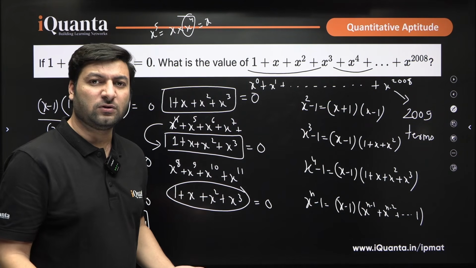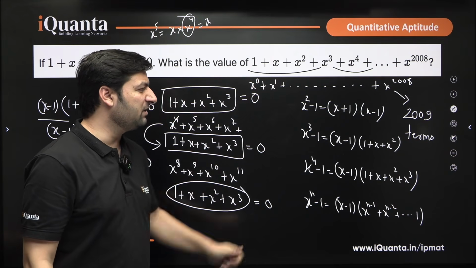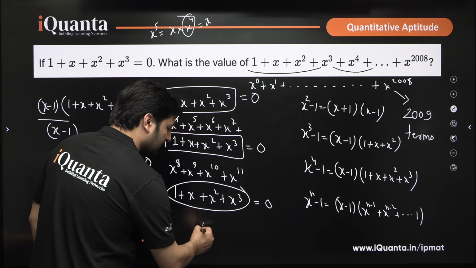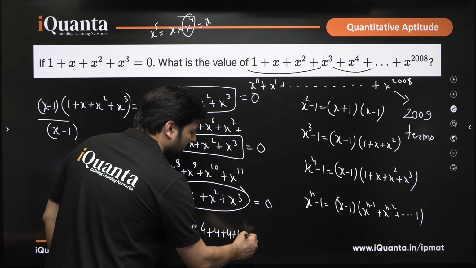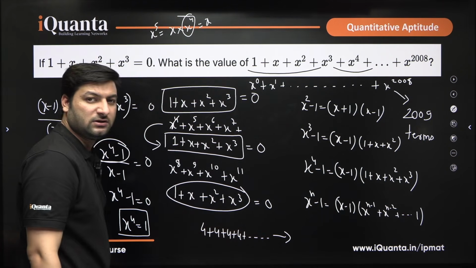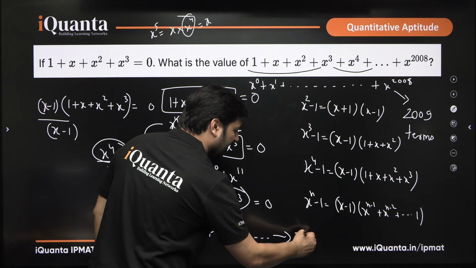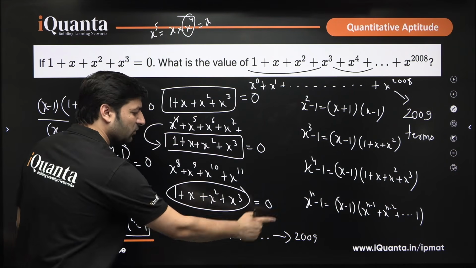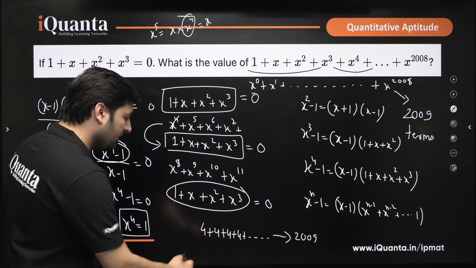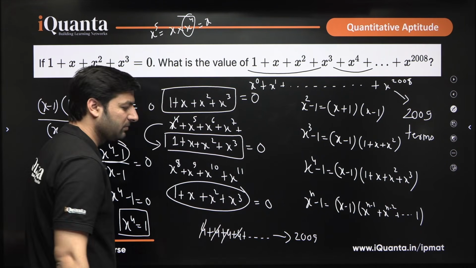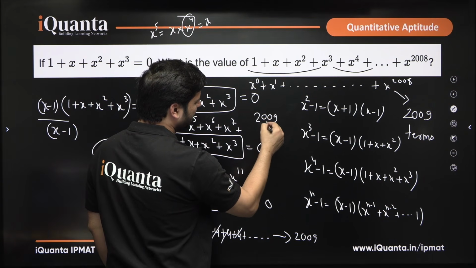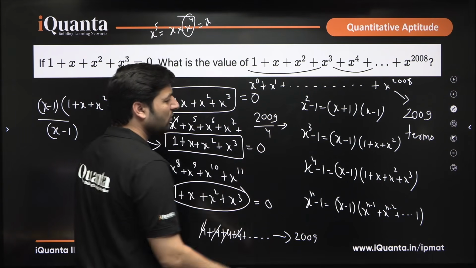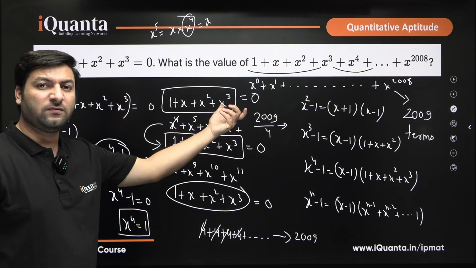Every group of 4 starting from the first term is giving me a 0. So that means first 4, next 4, next 4, until the count reaches 2009. These groups of 4 are going to give me 0, 0, 0, yes or no? Everything is becoming 0. So if I divide 2009 by 4, I will exactly know how many such groups of 4 terms are here.